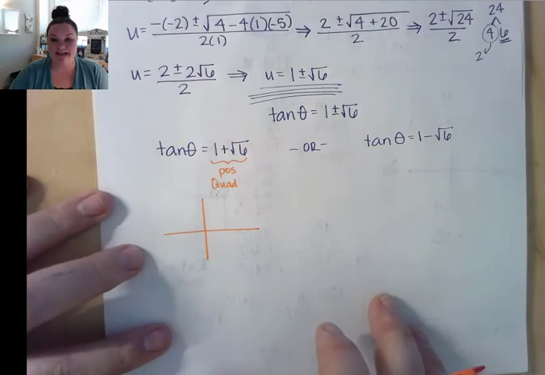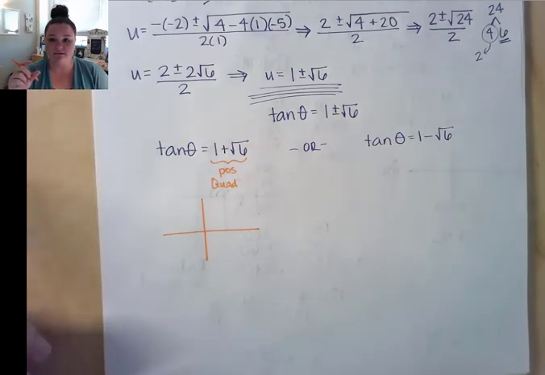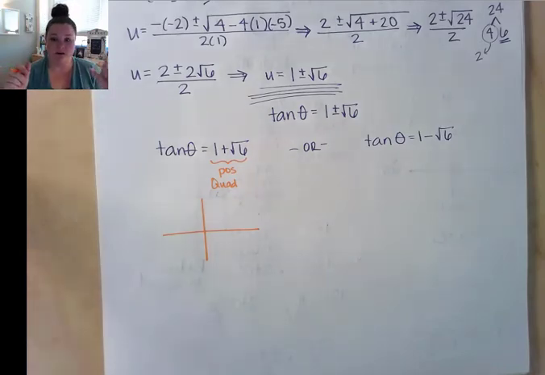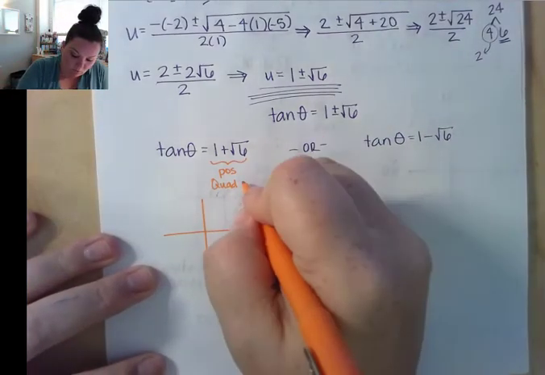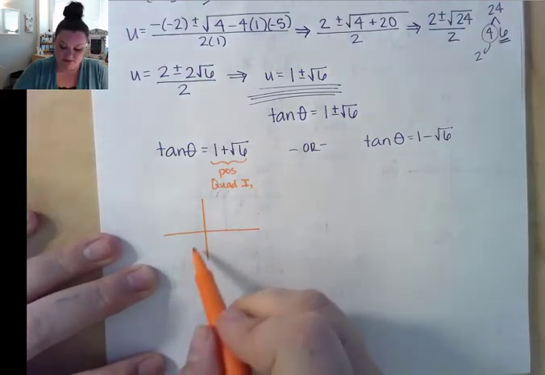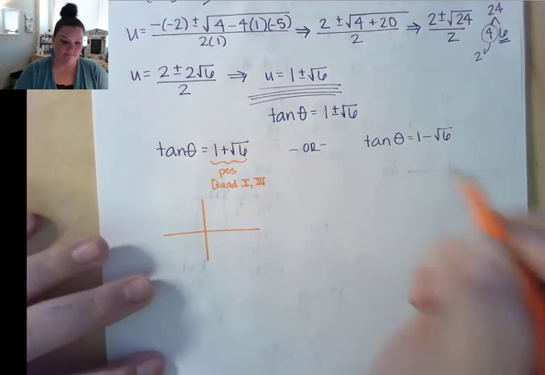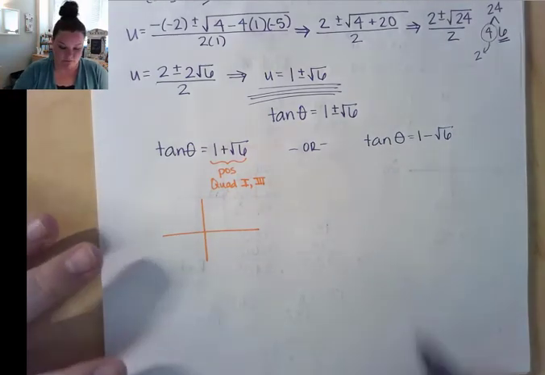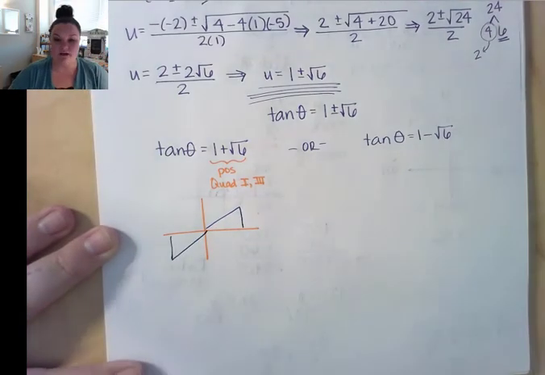Tangent is a ratio of sine and cosine, so it's only going to be positive when both sine and cosine are positive, or when sine and cosine are both negative, so that when I do a negative divided by negative, it's positive. So they're both positive in quadrant 1, and they're both negative down here in quadrant 3. So that's where my angles lie. I'm going to have one here, and I'm going to have one here.